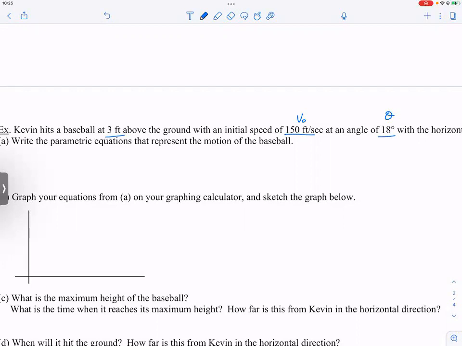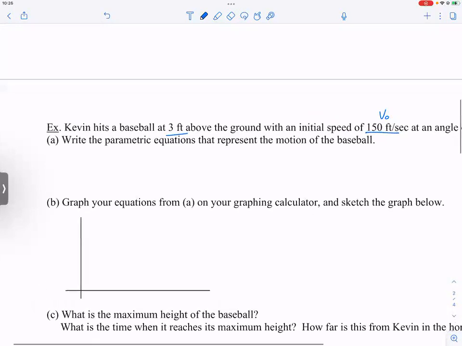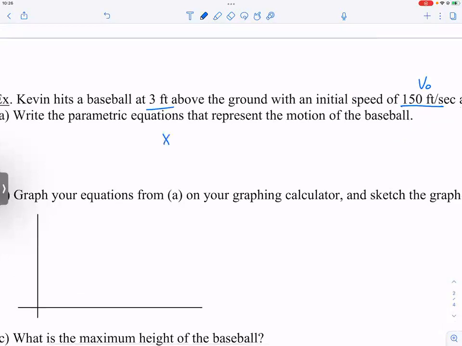Write the parametric equation. So x equals V0, which is 150, cosine of 18 degrees times t.